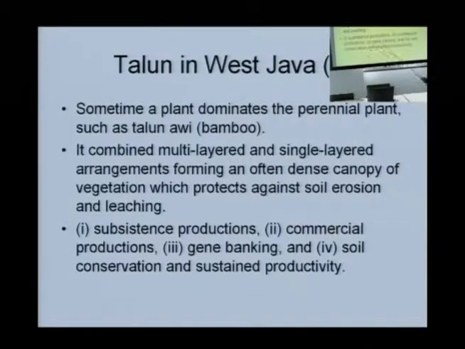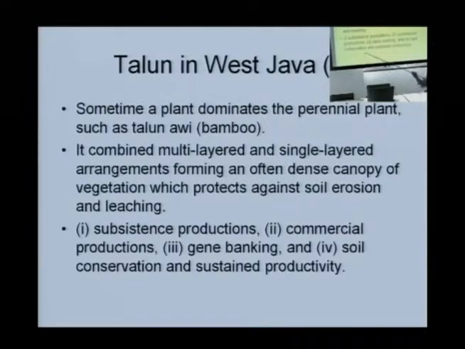So we can say that although West Java is so densely populated, even now the practice of slash and burn continues. So that is the aspect of slash and burn.